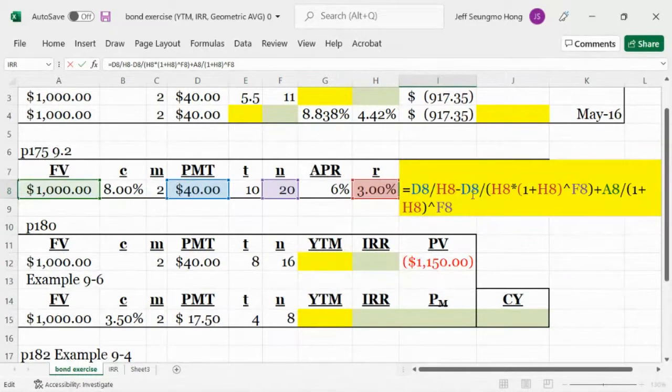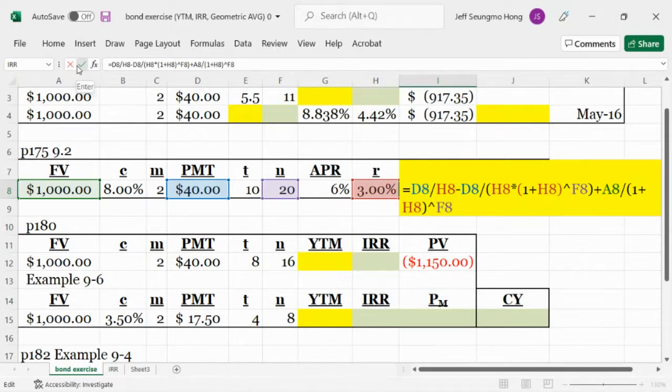Payment over R minus payment over R times (1 plus R) raised to N, plus face value over (1 plus R) to the N.